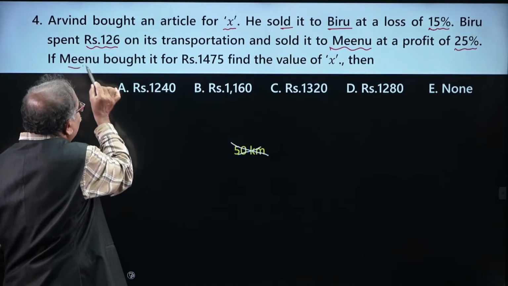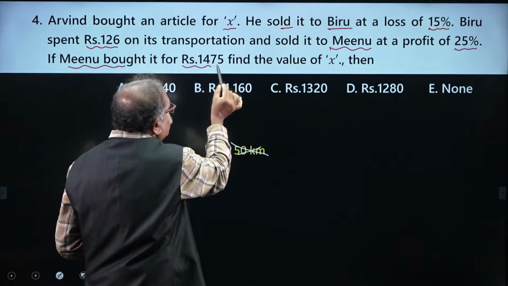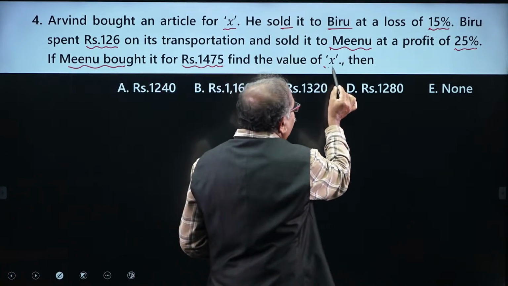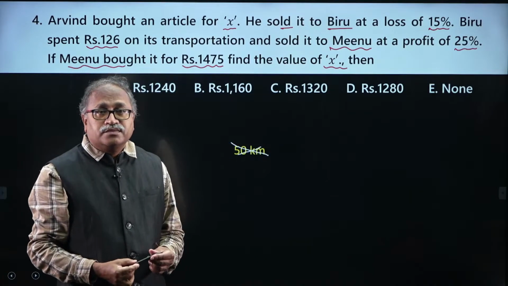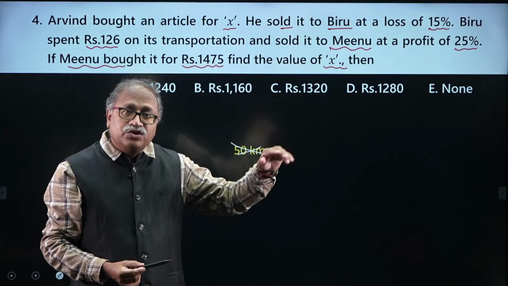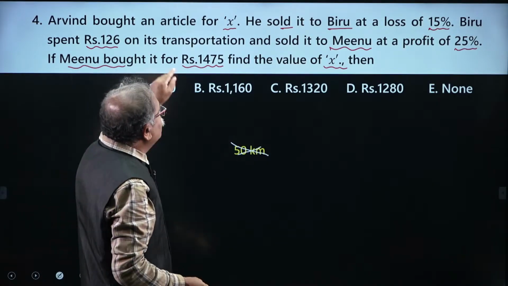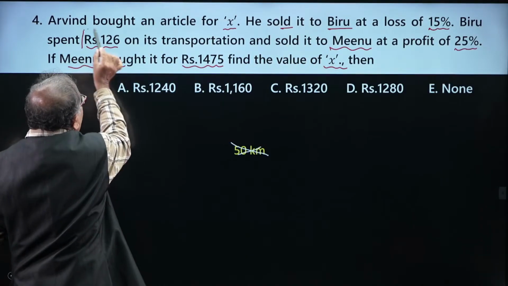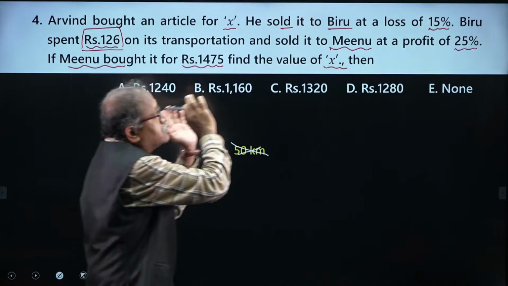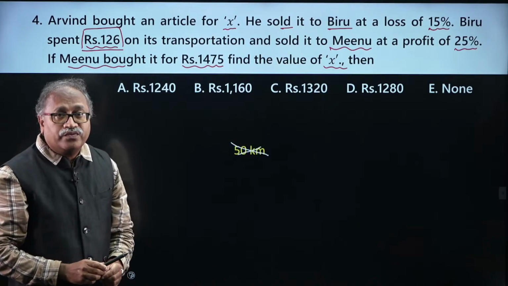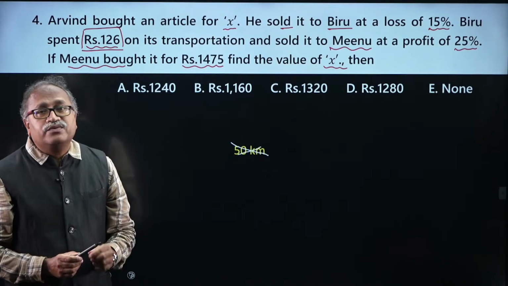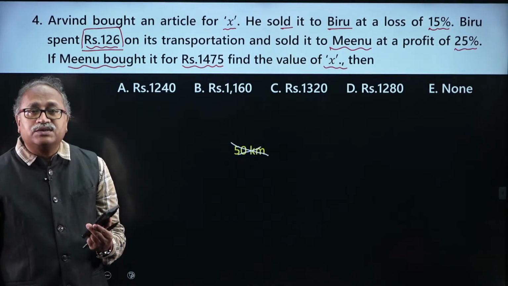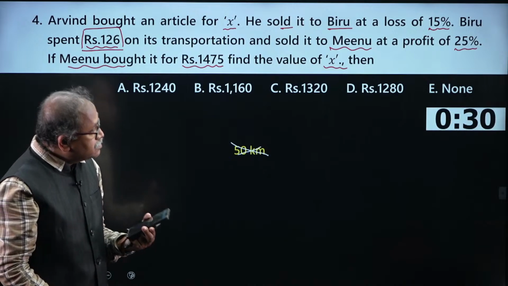If the cost price of Meenu is 1475, then find the value of X. So, this is a very stereotypic question, but there is a small twist over here that Biru has spent rupees 126 and then sold it to Meenu. I am sure that Coraline will be able to answer this question, but still see 30 seconds.